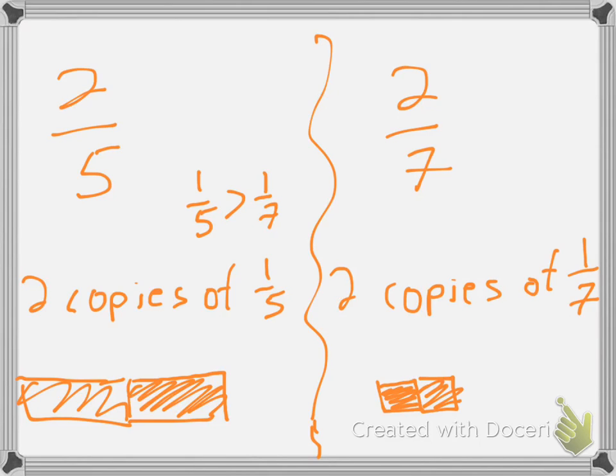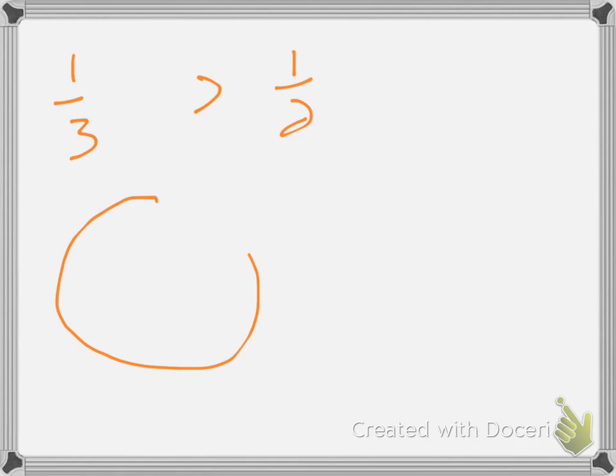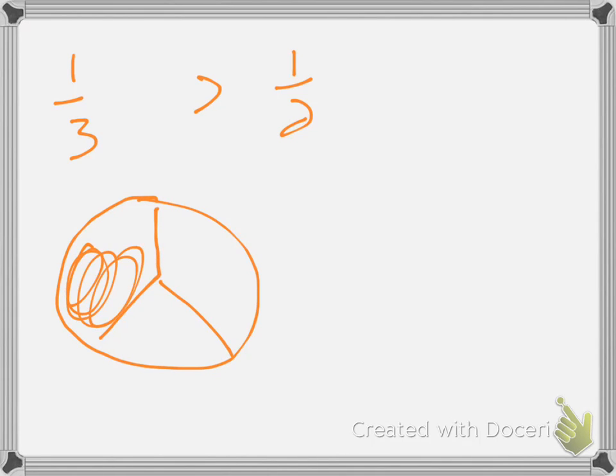And the last point I want to make very clear is we have to refer to the same unambiguous whole, because as a clear example, 1/3 could really be greater than 1/2 if they're not referring to the same whole. Just look at this picture right here. Here is 1/3, and here is a really small half.